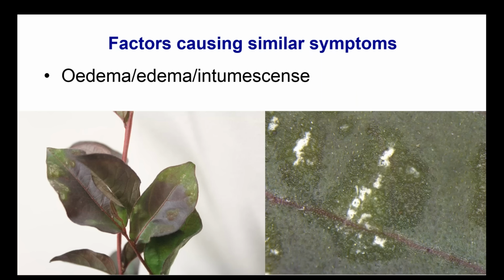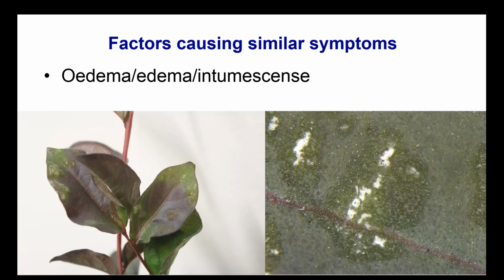Other scenarios can be light conditions. If the light conditions are right, the plant can go, I need to put water through to the leaves, but in fact the transpiration level is relatively low compared to the water that is going to the leaf, and it can cause that edema. So different plants can have edema from different factors.